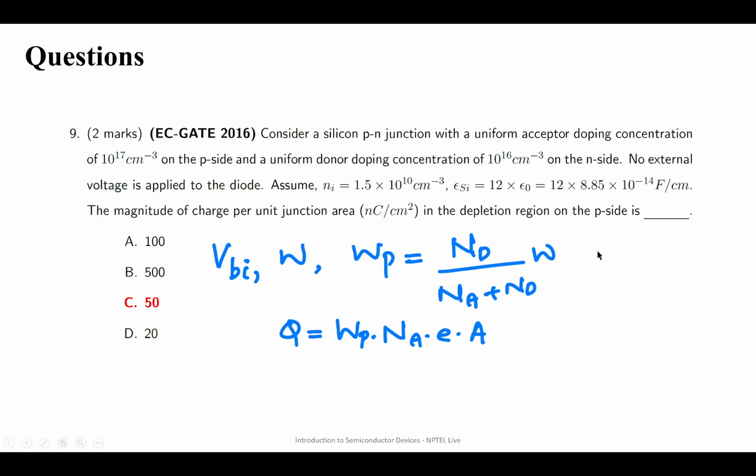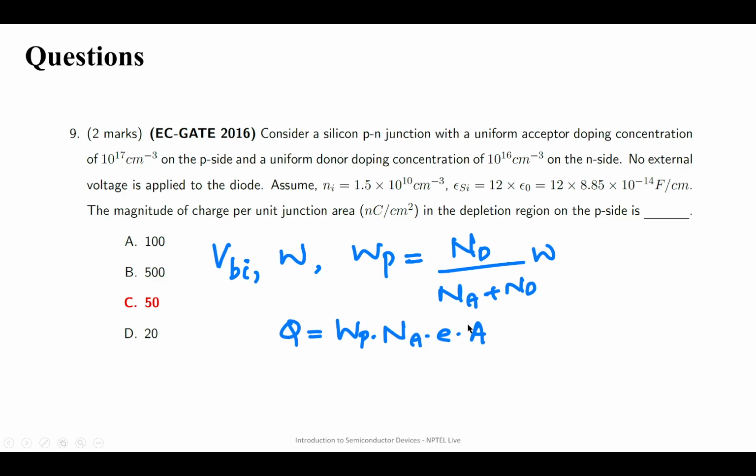So the charge is qNA times xp, or instead of xp you can also write wp. That is the area of the rectangle, and that is in one dimension.